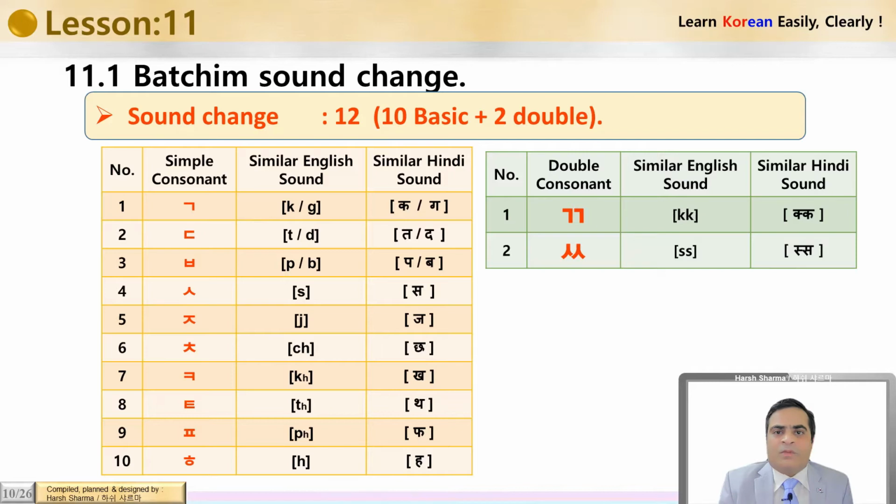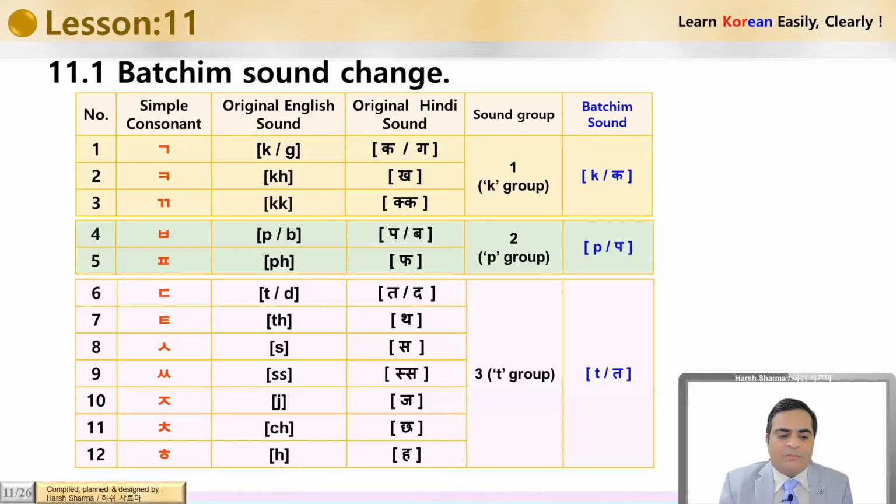Let's simplify them for easier learning. As you can see on this slide, these 12 consonants are arranged in three groups. Numbers 1, 2, and 3 are the simple consonants that we have already completed: ka, kha, and ka.